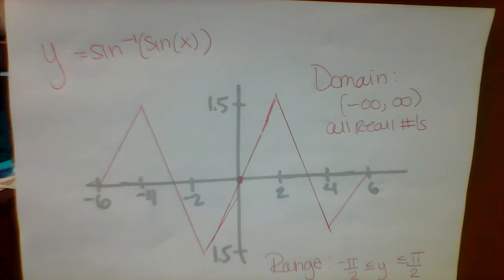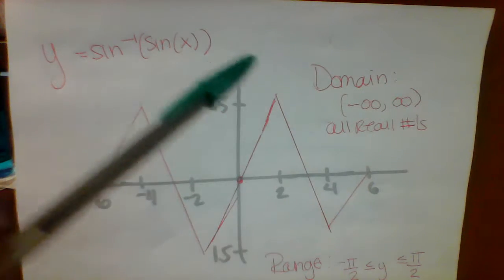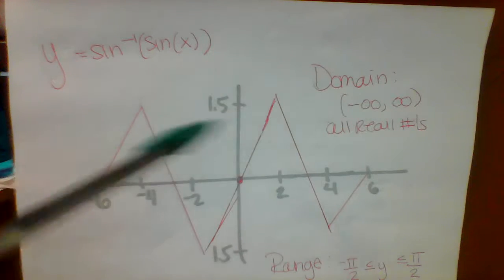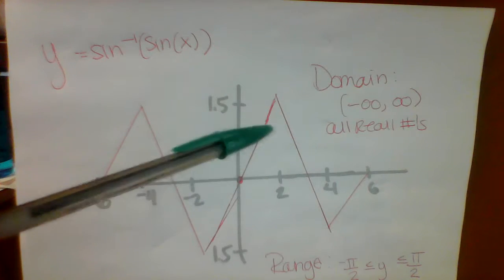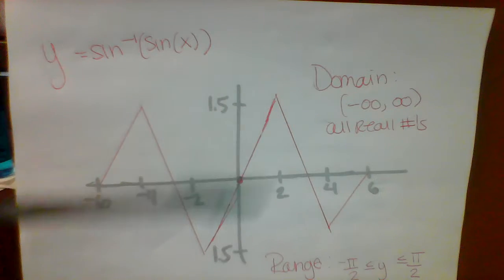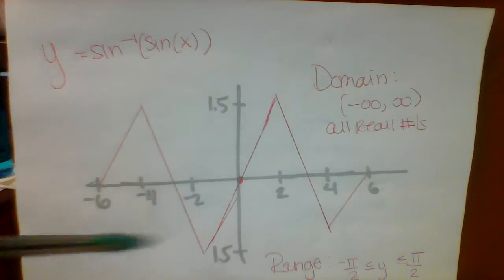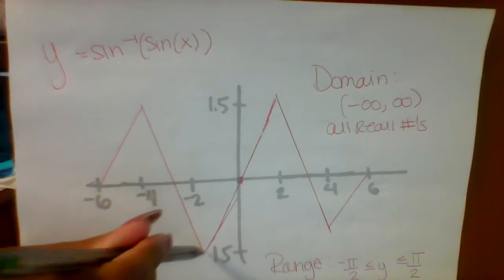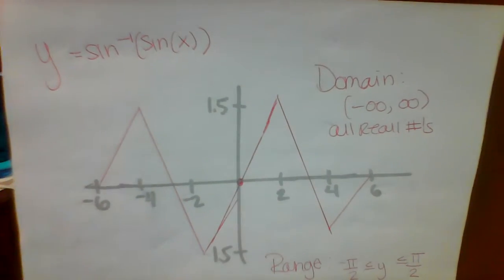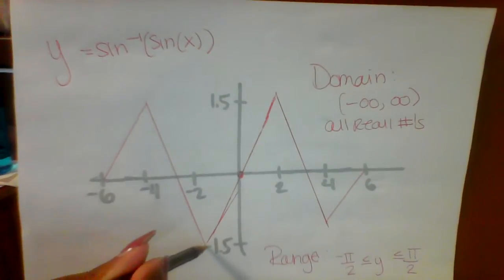The range is negative pi over 2 to pi over 2. If pi over 2 and negative pi over 2 were featured here, you'd see that the graph never passed those. But you can see it in respect to the 1.5 we have here, and this one's negative 1.5.